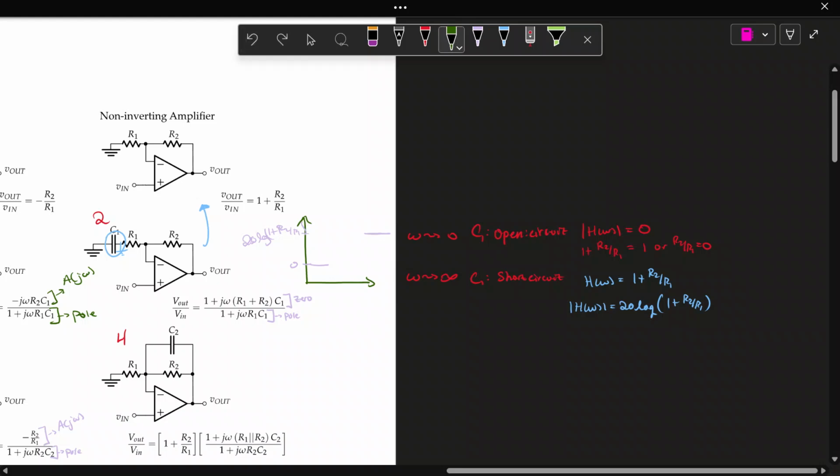It would always be greater than 0 because R2 over R1 can never be negative. So how can it go from 0 to 20 log of 1 plus R2 over R1? Well, it has to increase. So then we know our 0 is here and our pole is here.